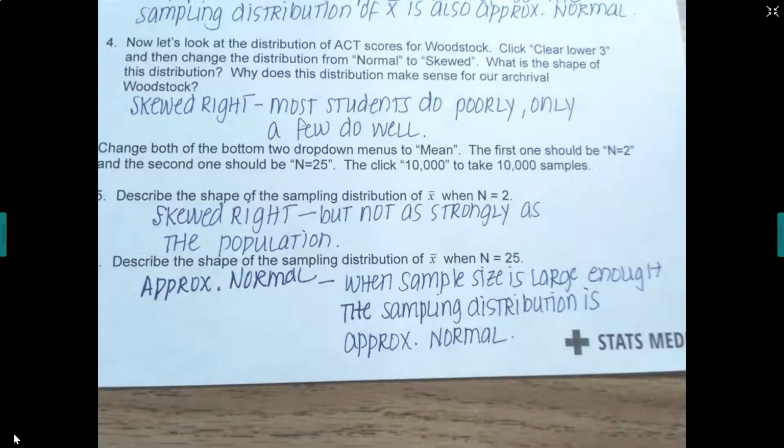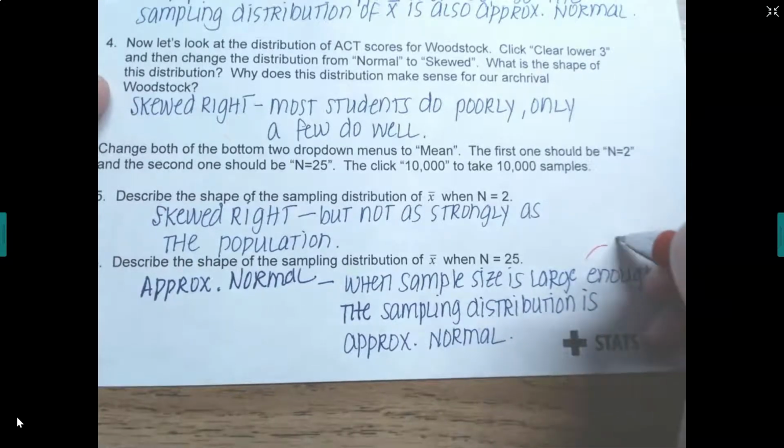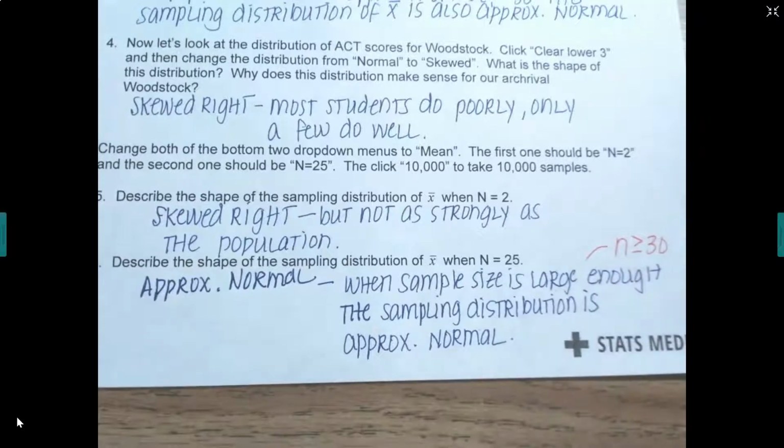Again, when the sample size is large enough, the sampling distribution is approximately normal. So what do we mean by large enough? We've talked about this periodically throughout the course so far. Large enough would be if your sample size is greater than or equal to 30.